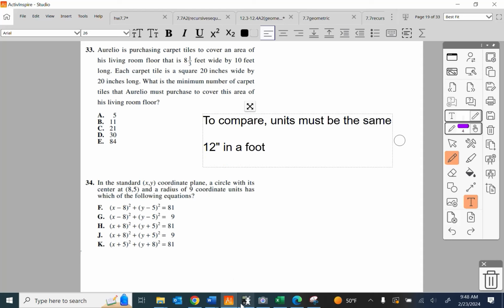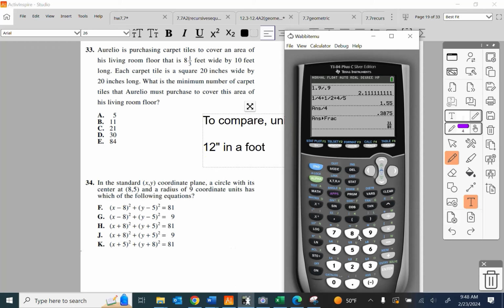So I'm going to take my 8 1/3 and multiply it by 12. And I have 100 inches here, and that's 120. So this ends up being 100 inches, and that's 10 times 12, 120.